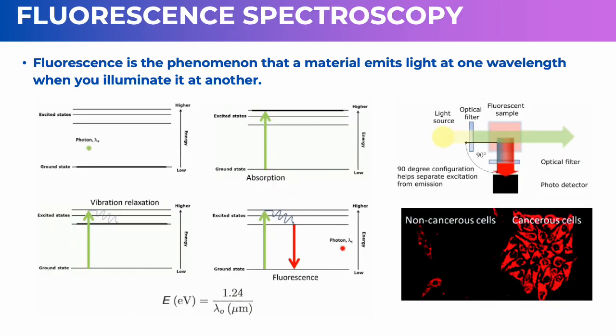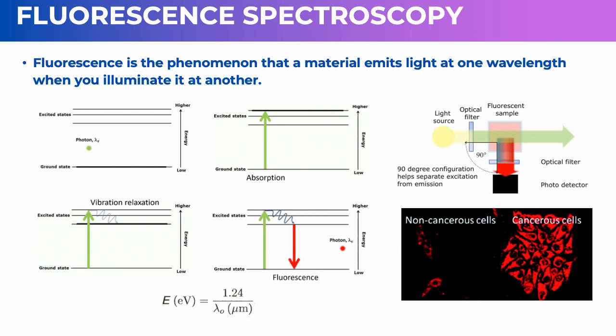Talking about the concept of fluorescence spectroscopy, first we'll try to understand what fluorescence is. Fluorescence is a phenomenon in which certain substances absorb light at one wavelength and then re-emit it at a different wavelength. When a molecule absorbs light energy, the electrons are temporarily excited to a higher energy state.